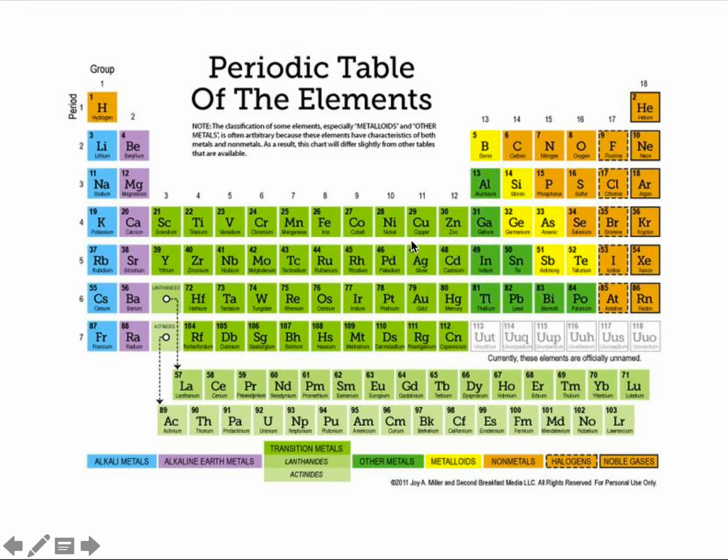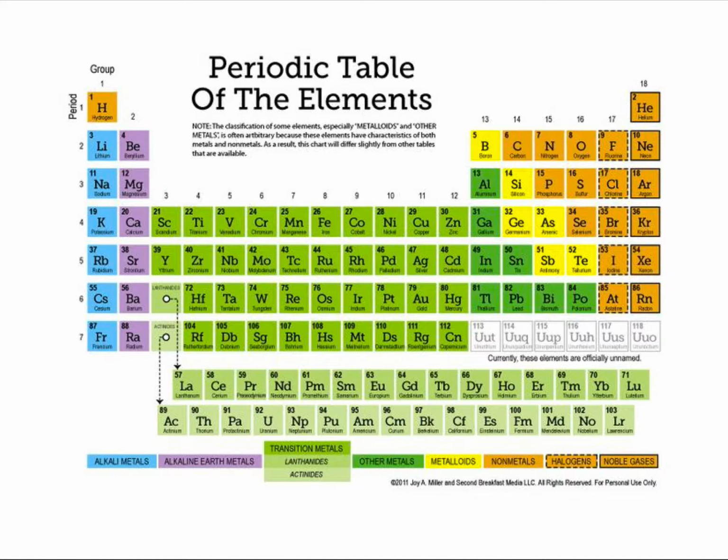If we look at the periodic table once again, what we notice is that as you move across periods from group 1 all the way to the last group, electronegativity increases.